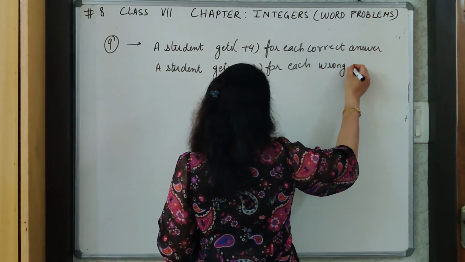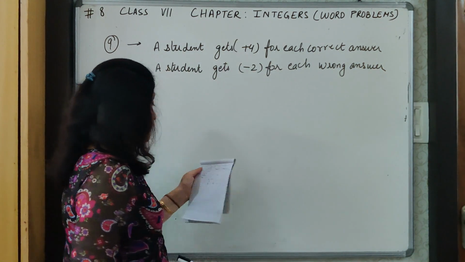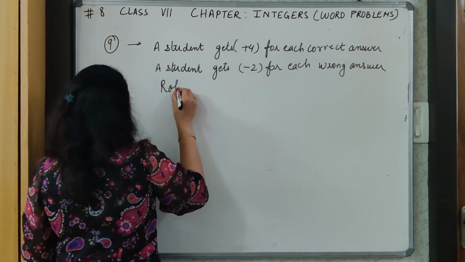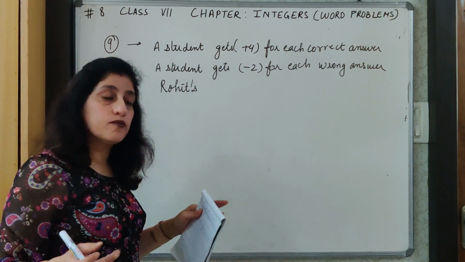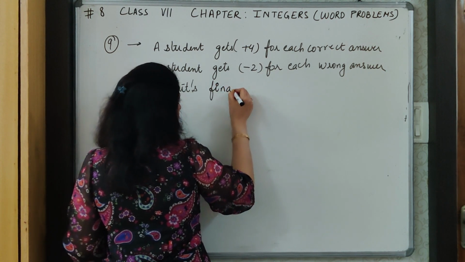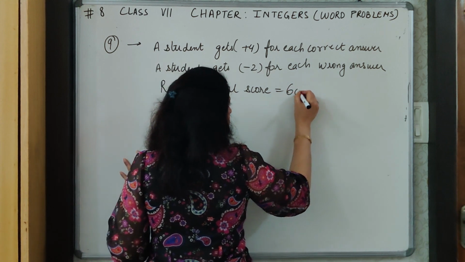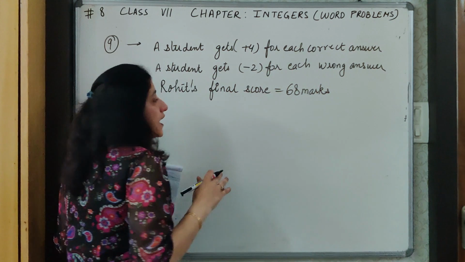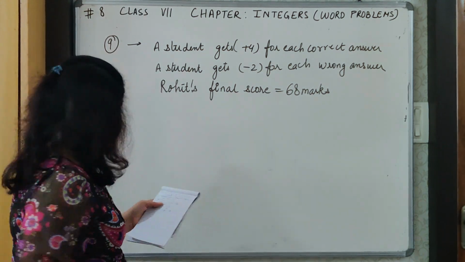If he answers wrong, he gets -2. Now this student's name is Rohit. After doing the entire test, Rohit's final score is equal to 68 marks. He gets 68 marks as the final score, in which there are plus and minus both.